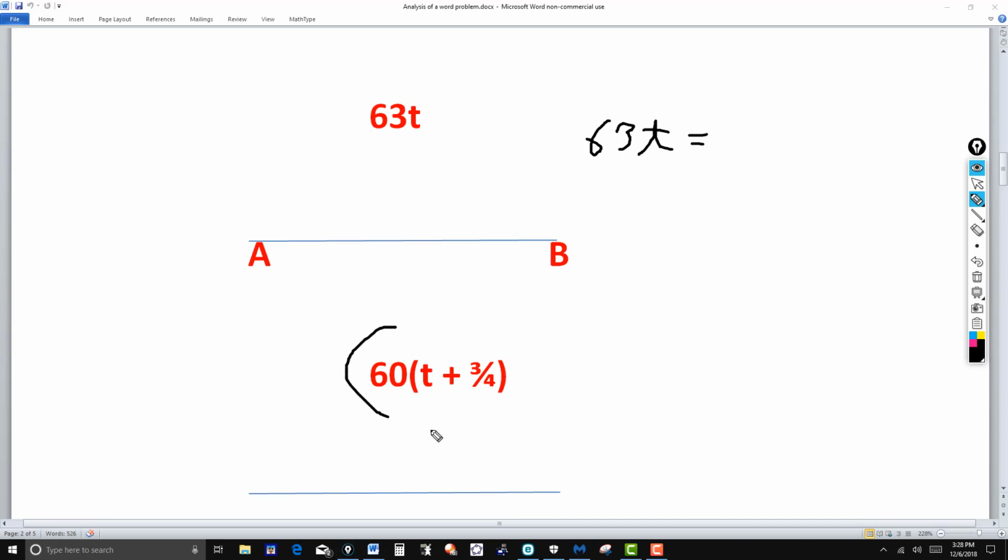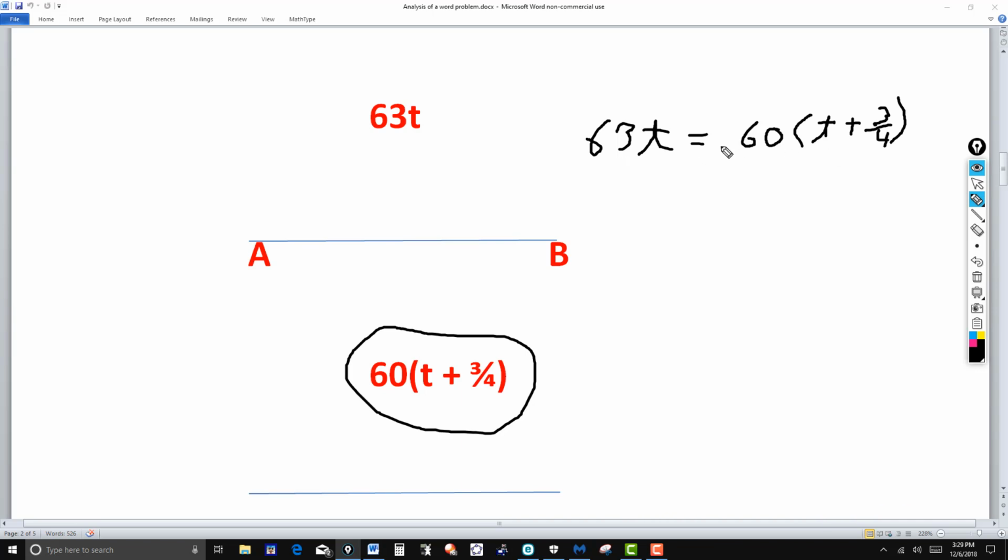So this is going to be 60 times t plus 3/4 of an hour, because he had a 45-minute, or 3/4 of an hour, head start. So then to solve the problem, we just have to solve this.